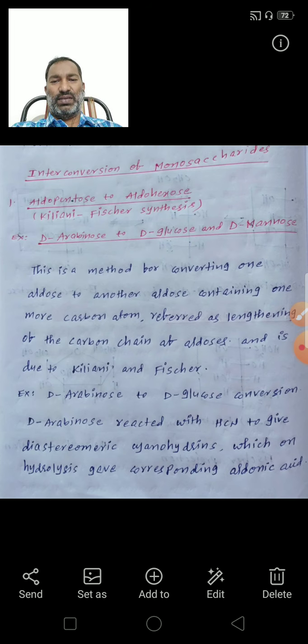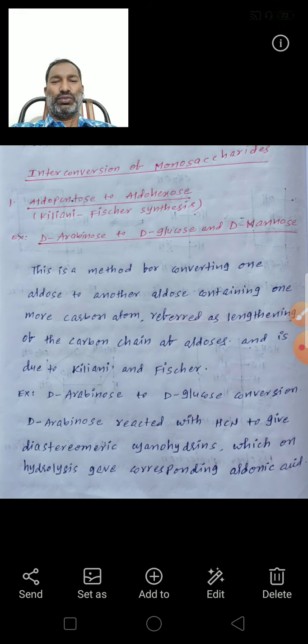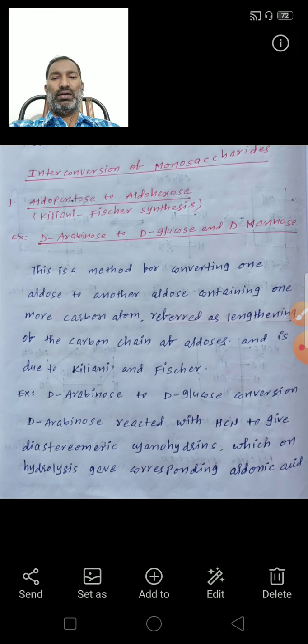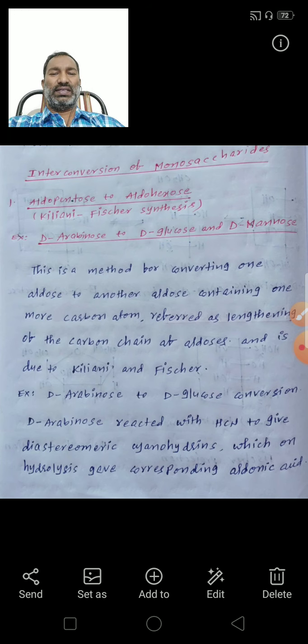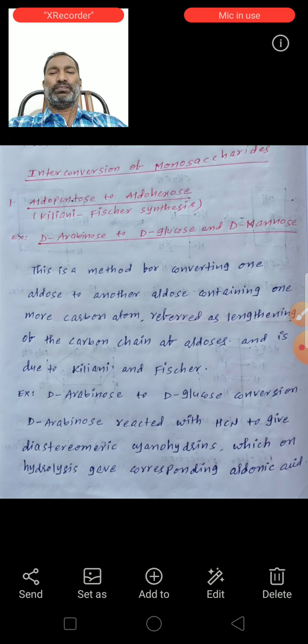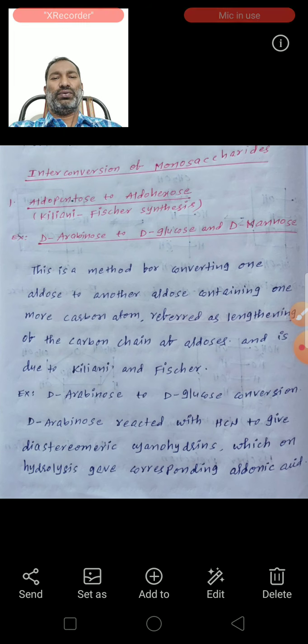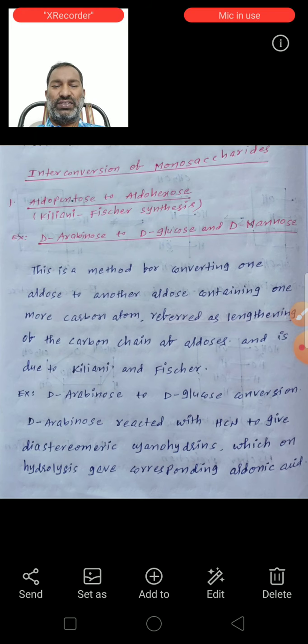See here the example of conversion of D-arabinose to D-glucose. D-arabinose contains the aldehyde functional group and 5 carbon atoms. It is converted to D-glucose, which contains the aldehyde functional group and 6 carbon atoms. So one carbon increases from D-arabinose to D-glucose. See the mechanism of this conversion.